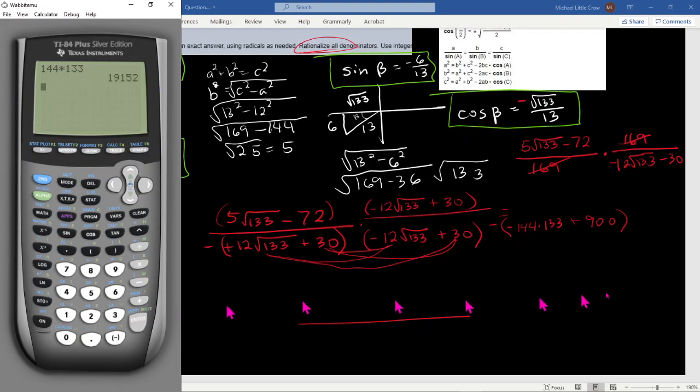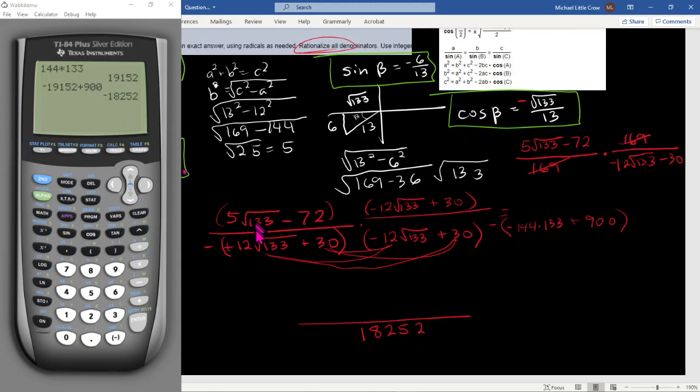Wow, it's pretty big. And then that's negative. Then we're going to add 900. So we end up with 18,252 negative, and then there's this negative on the outside, so it's going to be positive 18,252.